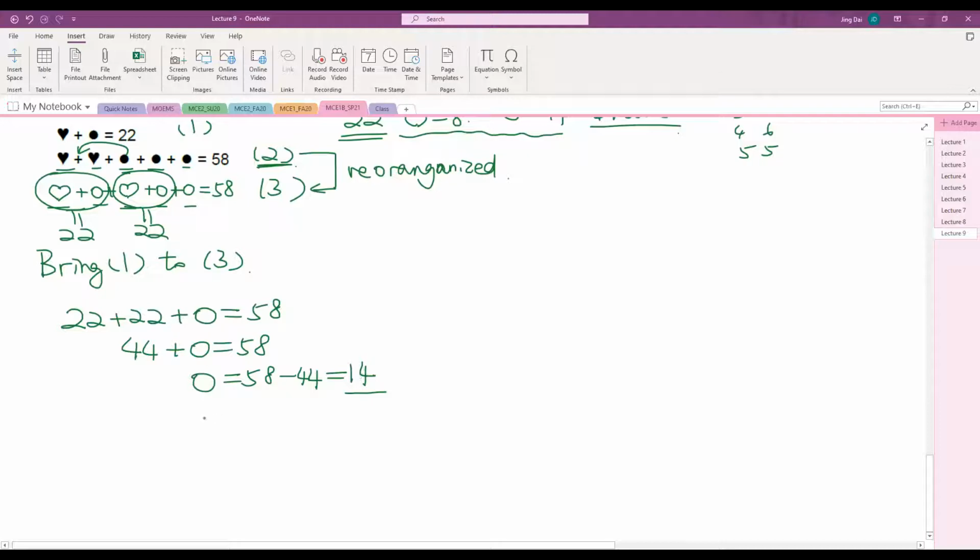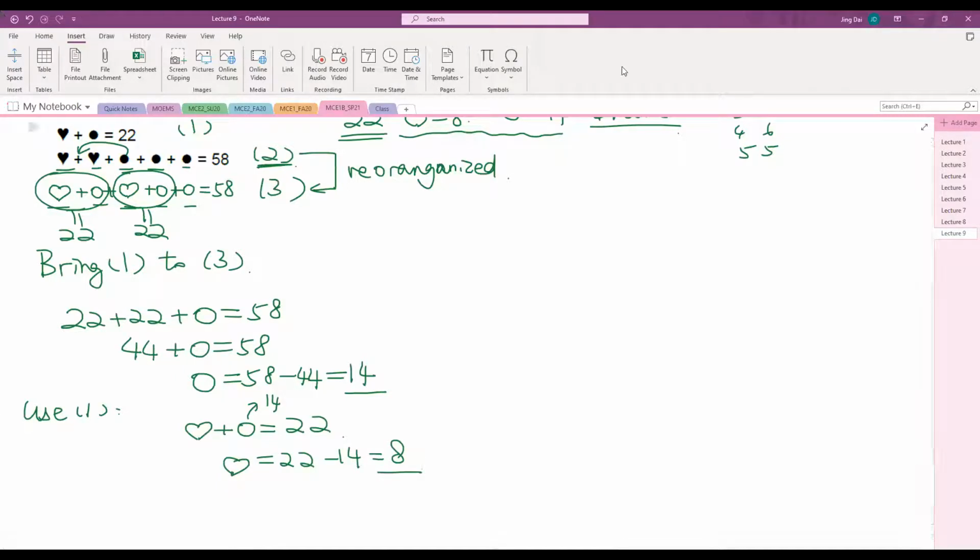Now from here, it's easy to figure out the heart because we know, and then we just say, now let's use equation 1. The heart and the circle together is 22. So now we know the circle is 14. Heart has become 22 minus 14. That's 8. Okay, Jessie, I'm so proud of you. That's so good.